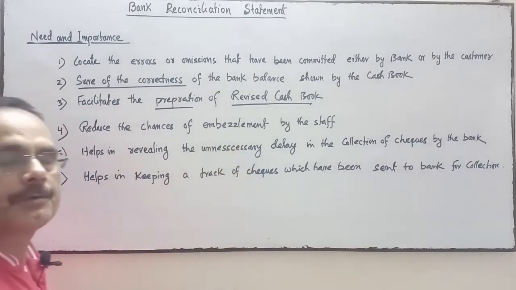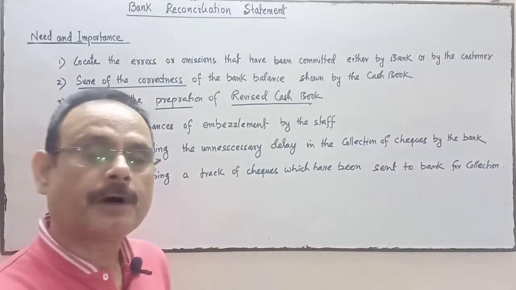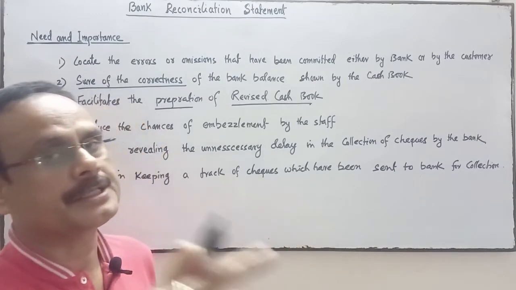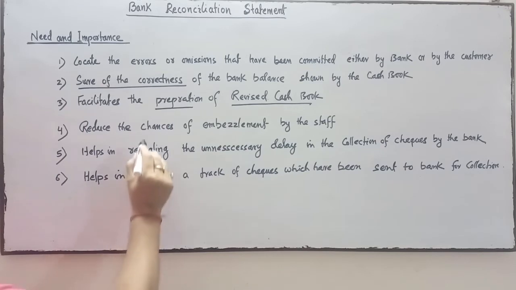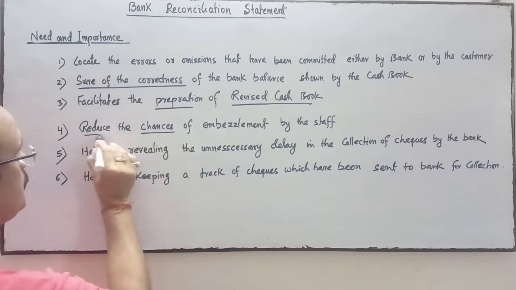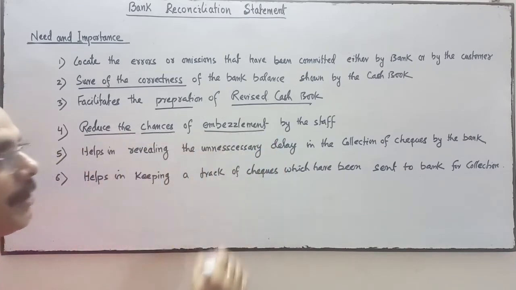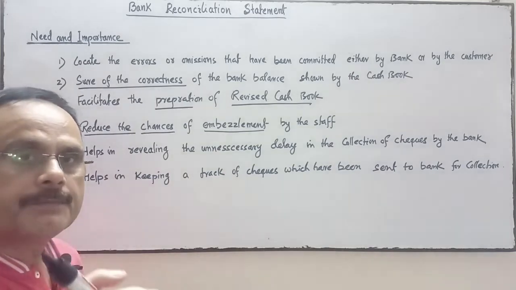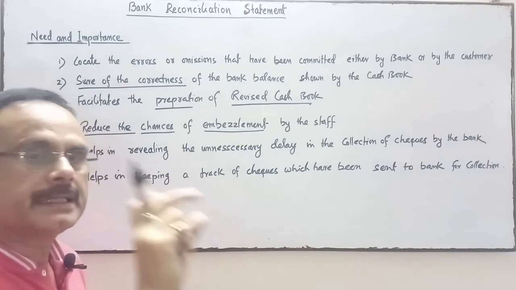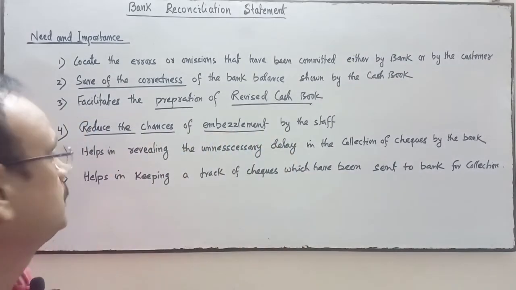Okay, embezzlement or fraud by the staff of the bank as well as the staff of the business. This point is that it reduces the chance of embezzlement or fraud committed by the staff of the bank and the staff of the business both.